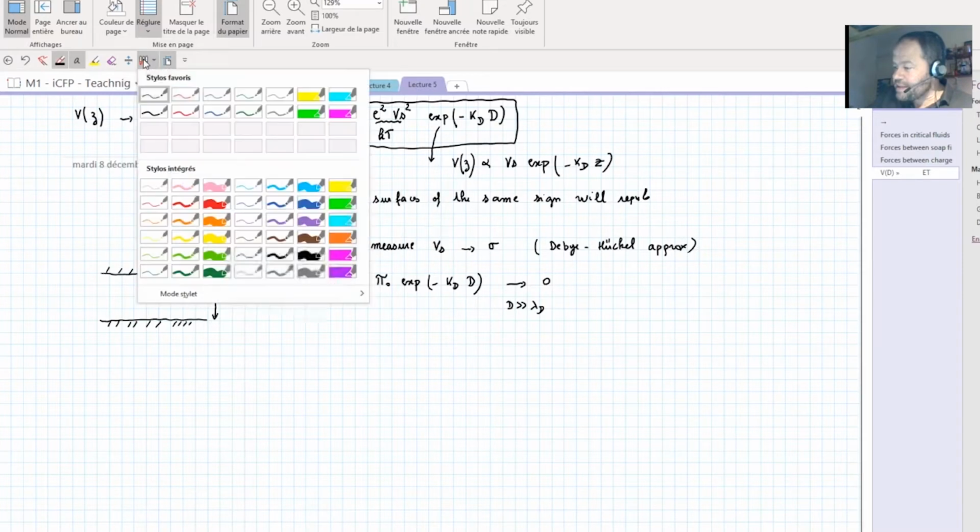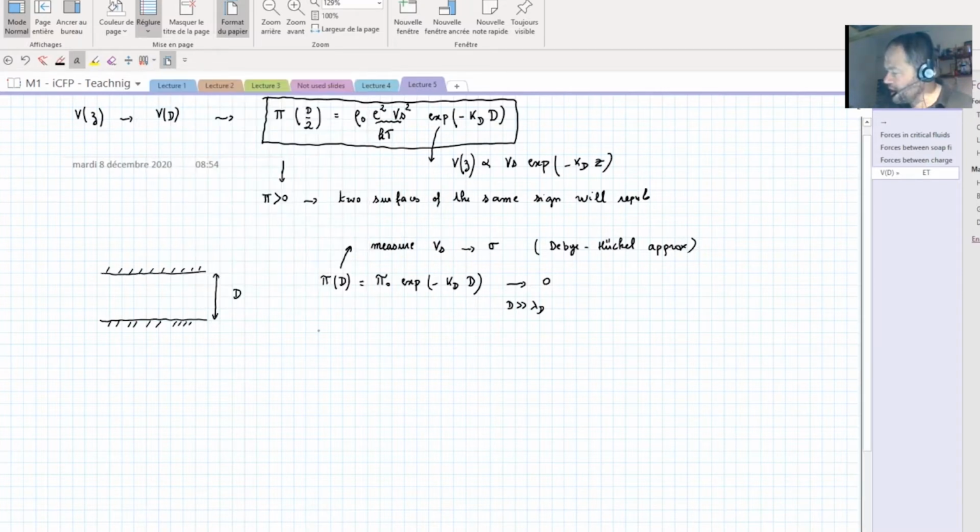And in the case where sigma is large, or Vs is large, which is equivalent, we will still recover the fact that the pressure will be something like exponential of minus kappa d, exactly as expected.